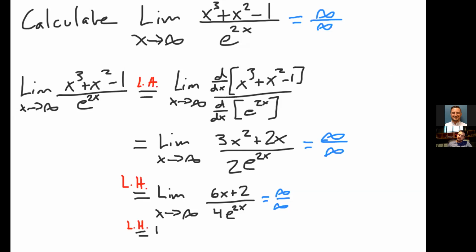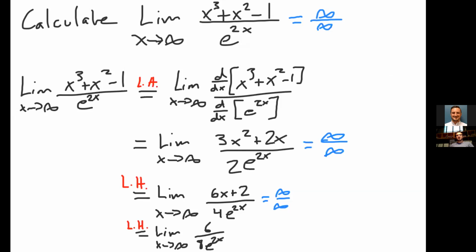Down here at the bottom, this will be the limit as x approaches infinity of 6 divided by 8 e to the 2x, because if I take the derivative of 6x plus 2, I'm just left with 6. If I take the derivative of 4 times e to the 2x, I'm left with 8 times e to the 2x.